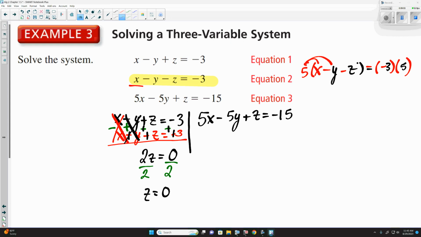And if we distribute the 5 here, 5 times X is 5X. Minus 5 times Y is 5Y. And 5 times Z is 5Z. And we'll have our sign, so it's going to be 5X minus 5Y minus 5Z is equal to negative 3 times 5 is, and it would be negative.